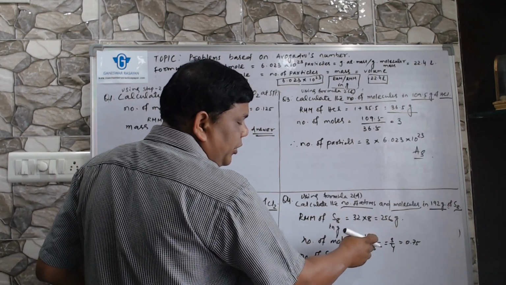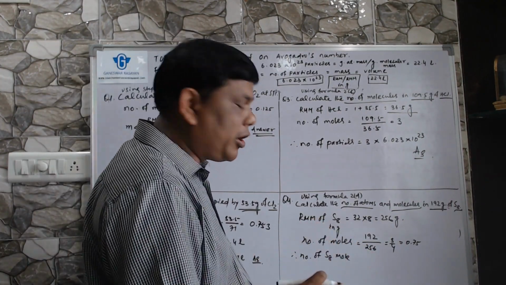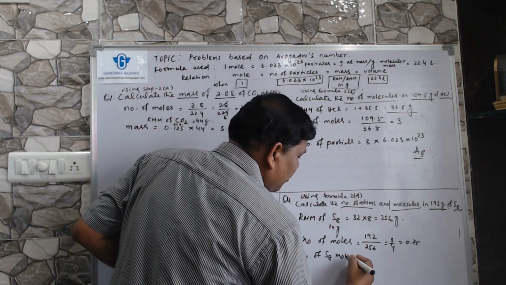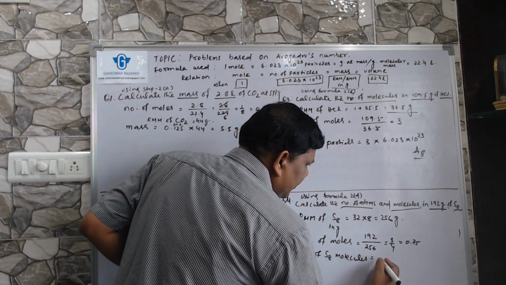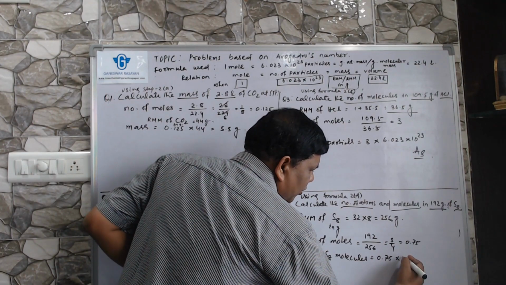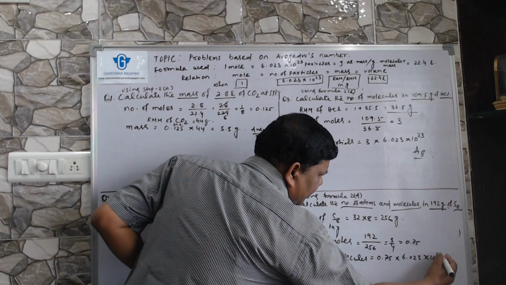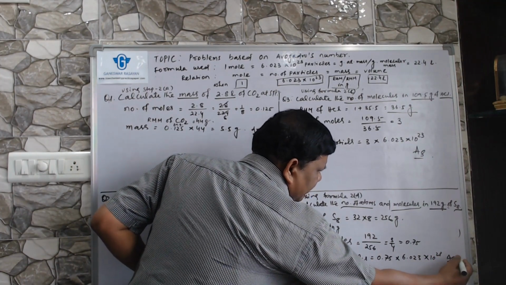Because we use the RMM, hence the moles calculated is for the molecules. So number of S8 molecules is equal to 0.75 into Avogadro's number 6.023 into 10 to the power 23. This is one of the answers.